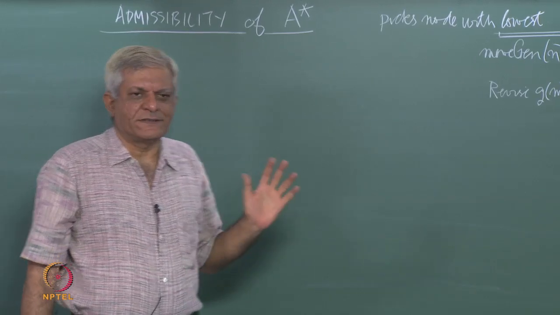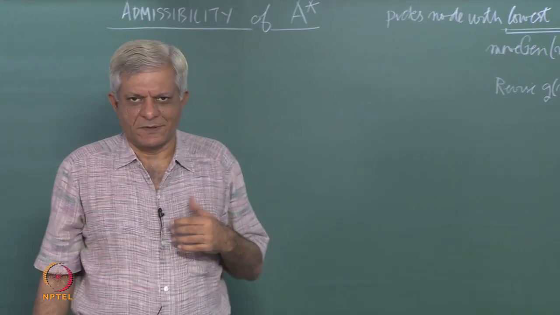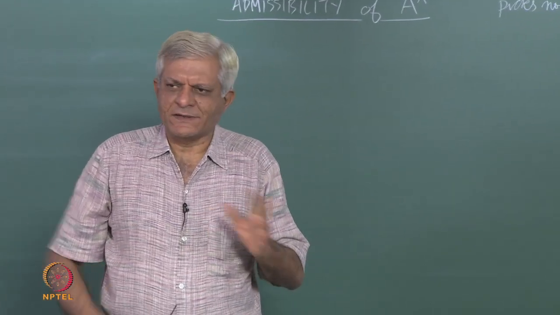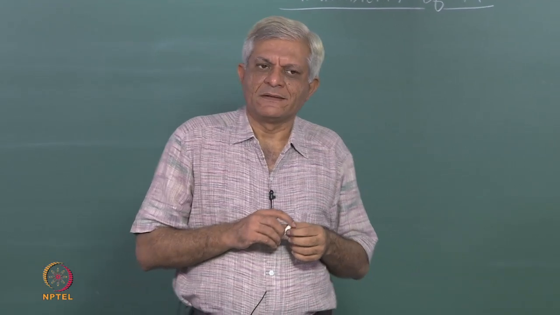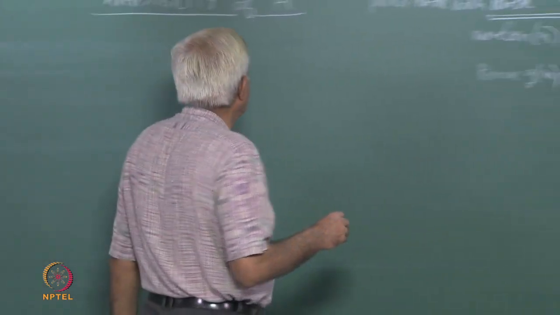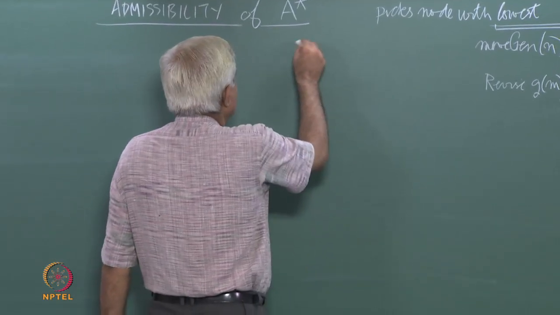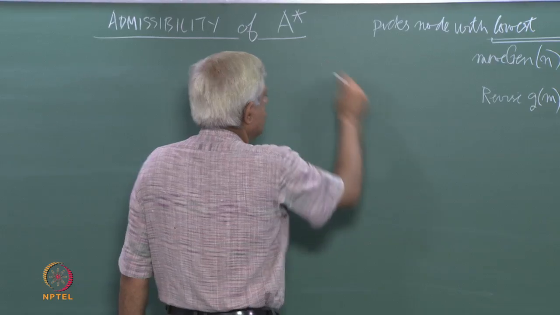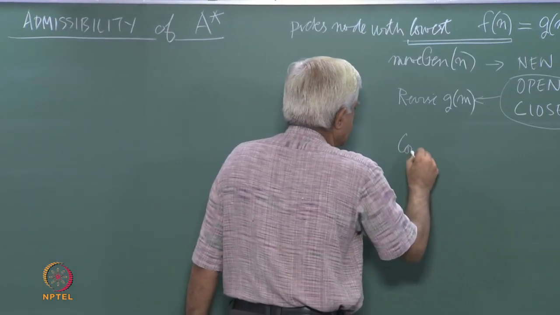So, under what conditions would A star guarantee an optimal path? We have stated one condition earlier. So, let me write this here, conditions for optimality.